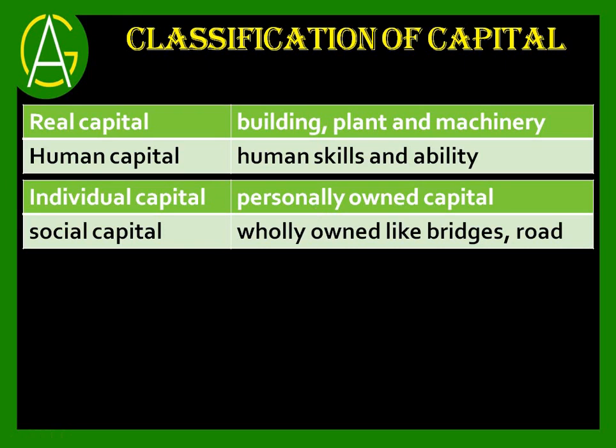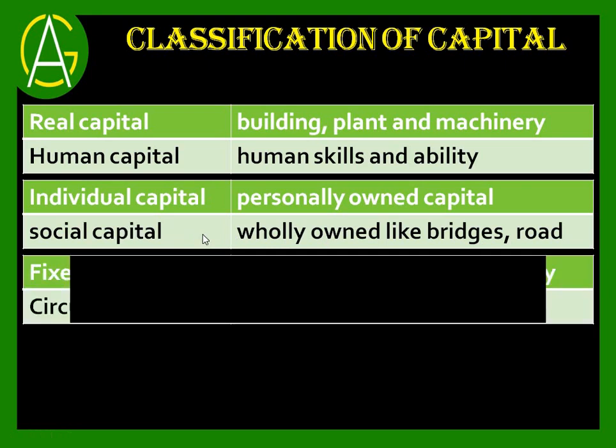So my house and my room means you have created your personal ownership, and when it is personally owned, it is known as individual capital. Next is social capital. Now social capital means wholly owned things like bridges and canals and roads. All these are not owned by one individual, but they are wholly owned by the whole society. So that is known as social capital.